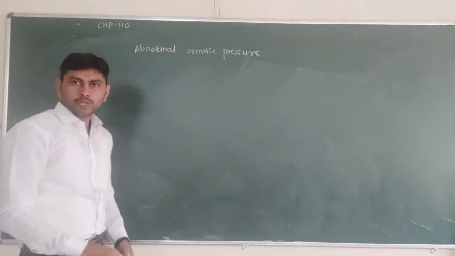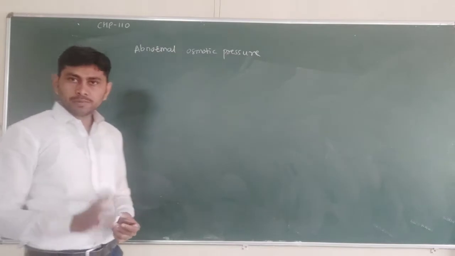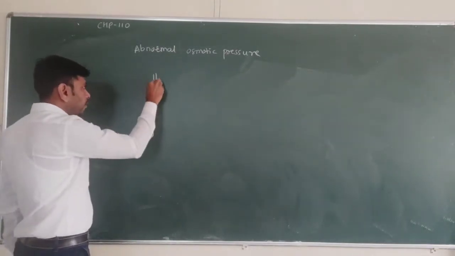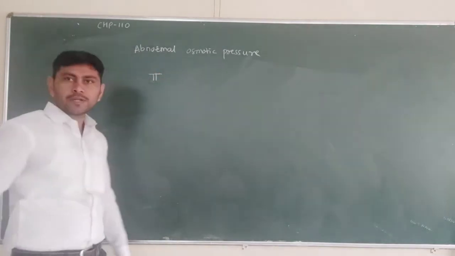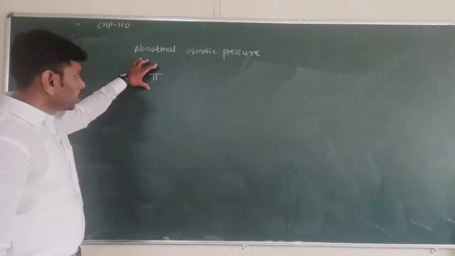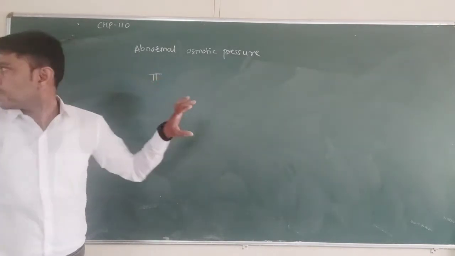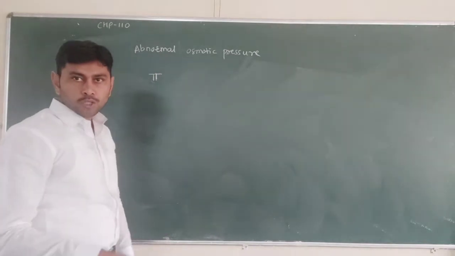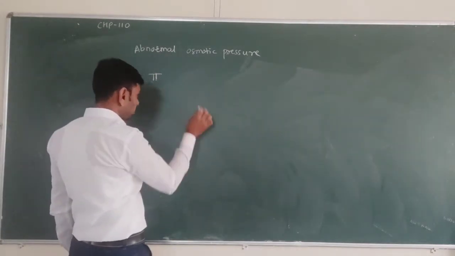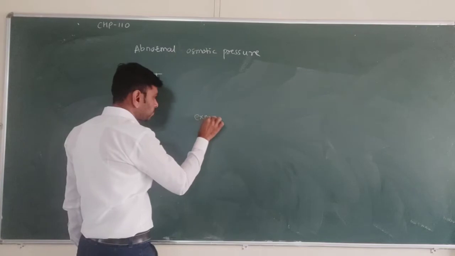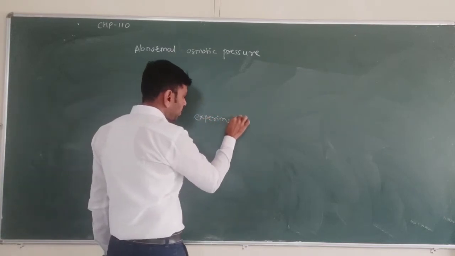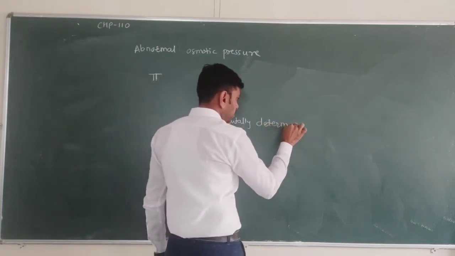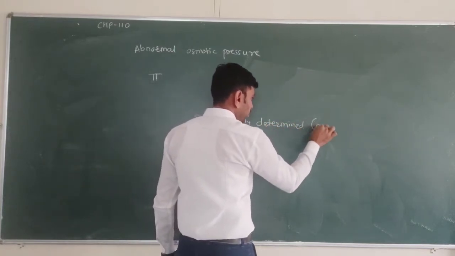In abnormal osmotic pressure, we know that we determine experimentally the osmotic pressure pi. When this osmotic pressure is determined experimentally, we call it experimentally determined or observed.